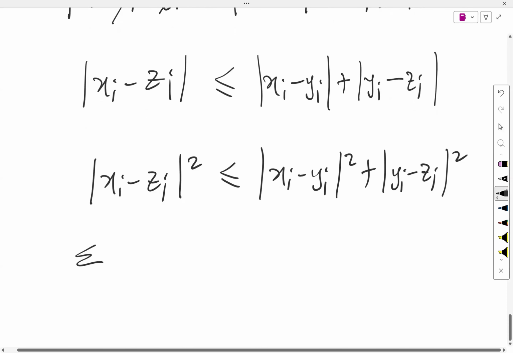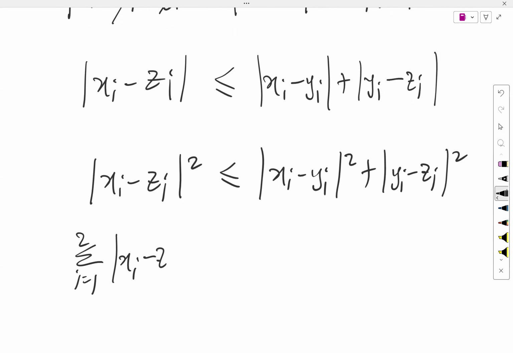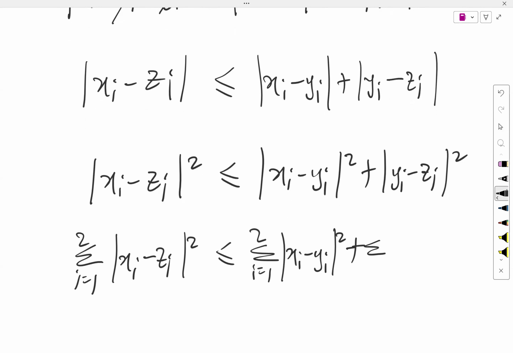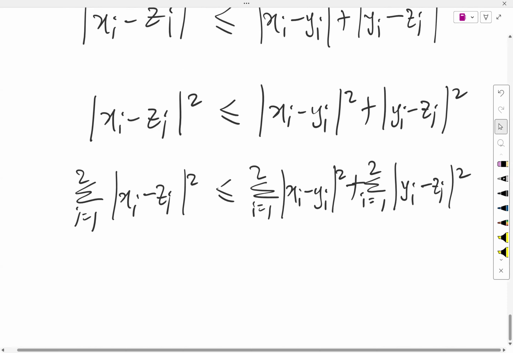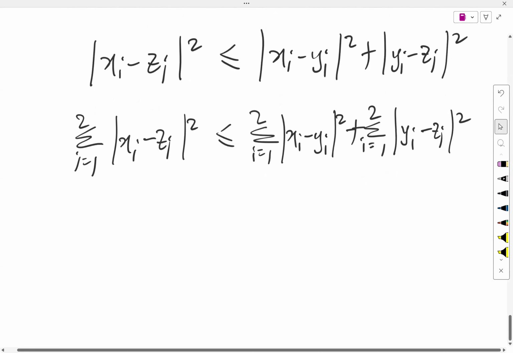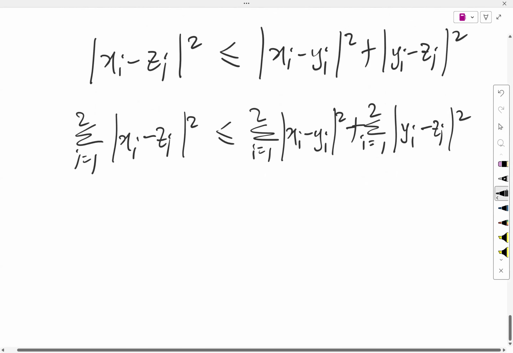So we have summation i equals 1 to 2 of absolute value of xi minus zi squared less than or equal to summation from i equals 1 to 2 of absolute value of xi minus yi squared plus summation i equals 1 to 2 of absolute value of yi minus zi squared. And then we have just one layer to go, and that is the square root of this whole sum.